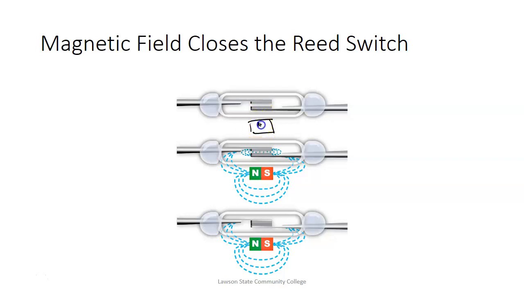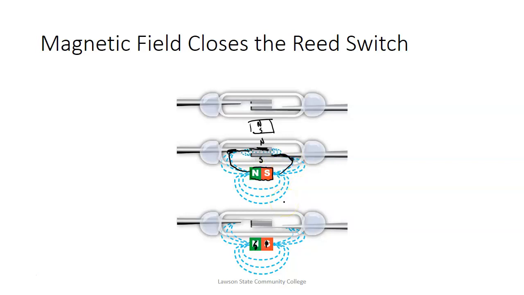So we can't do it like this. What we have to do is put it like this. Now this could be south and this could be north. That's not the problem. So what happens is the magnetic field comes up, concentrates to the metal, comes over here, and now we have a north sitting right here, and we have a south being concentrated to the metal that's sitting right here.